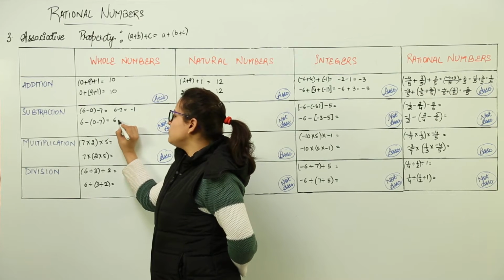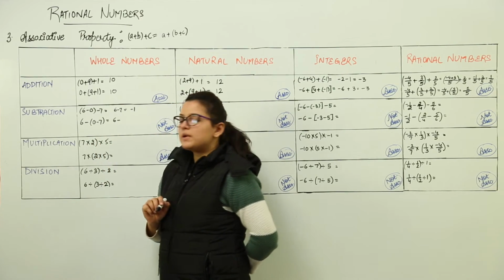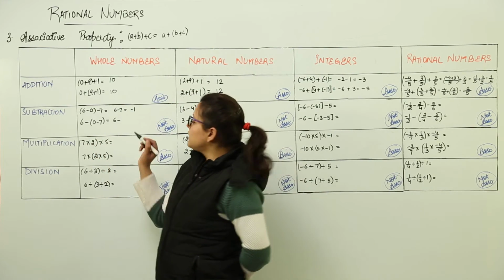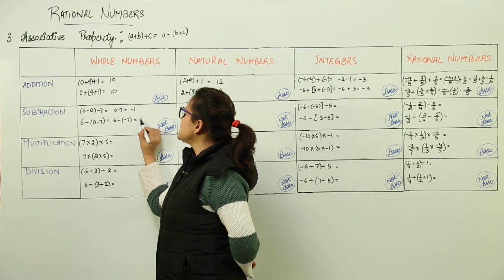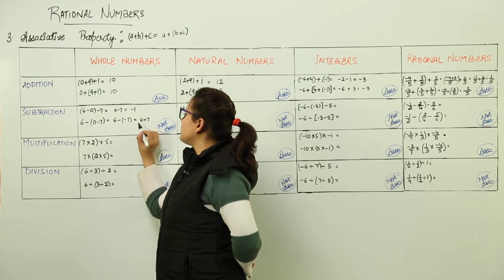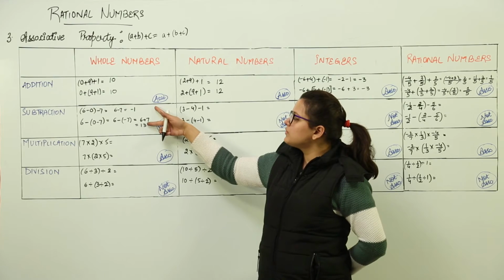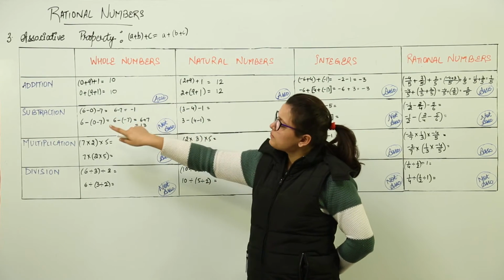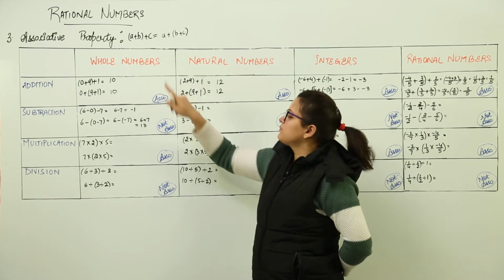So you keep 6 as it is. What will be the solution for my bracket? 0 minus 7 will give you minus 7. 6 minus minus 7 gives you 13. Your answers are different. That verifies that subtraction is not associative for whole numbers.